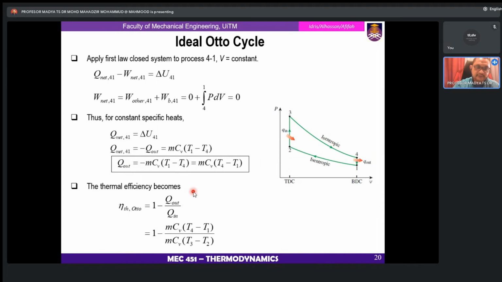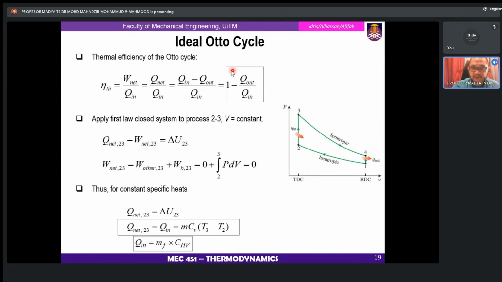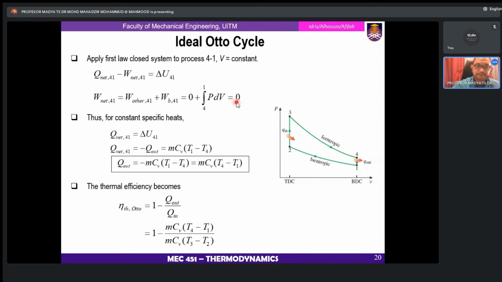So lastly, the thermal efficiency becomes based on this formula in the bracket: Q in minus Q out over Q in. You just simplify, and the thermal efficiency of the Otto cycle is like this.